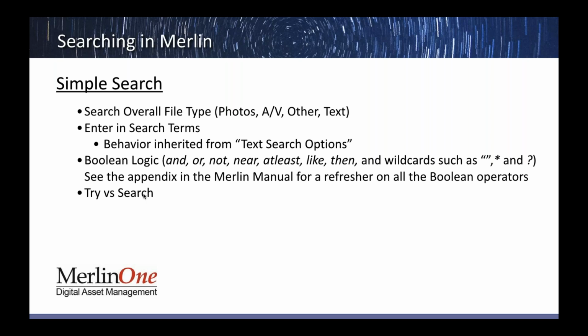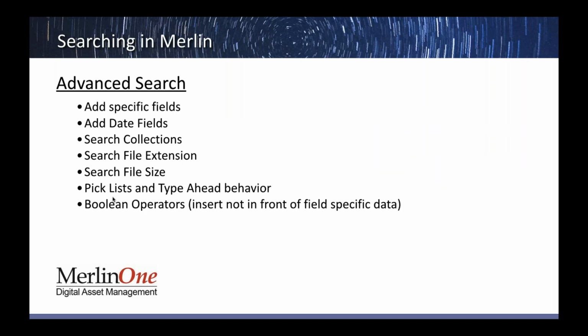Okay. We're also going to show you in the Merlin manual, just as a reminder, the search tips that are in the appendix, and also the difference between try versus search. In the advanced search, we're going to talk about how to search specific fields, and this includes things like searching for date fields, using search to search specifically inside of collections, which is something you may not know you can do, and how you can search for the file extension itself.